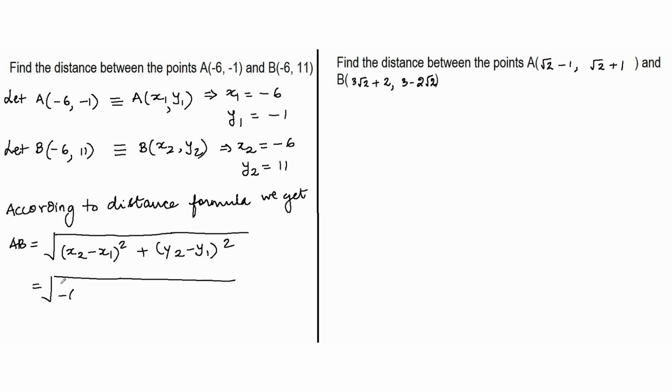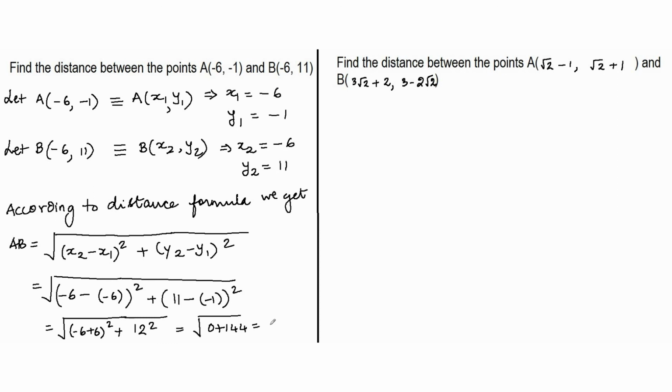X2 is -6 minus x1 is also -6, so -6 minus of -6 the whole square plus y2 is 11 minus of y1, which is -1 the whole square. So this becomes under root of -6 plus 6 the whole square plus 11 plus 1, that is 12 square, and therefore this becomes under root of 0 plus 144, which is under root of 144, and that equals 12 units, right? So this is the distance between the points A and B.